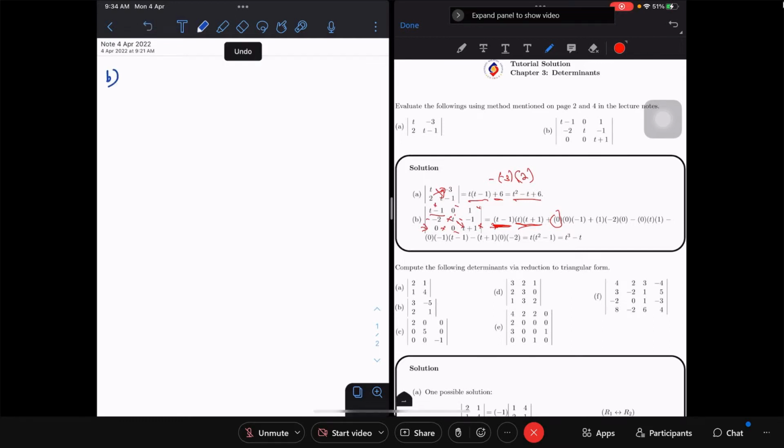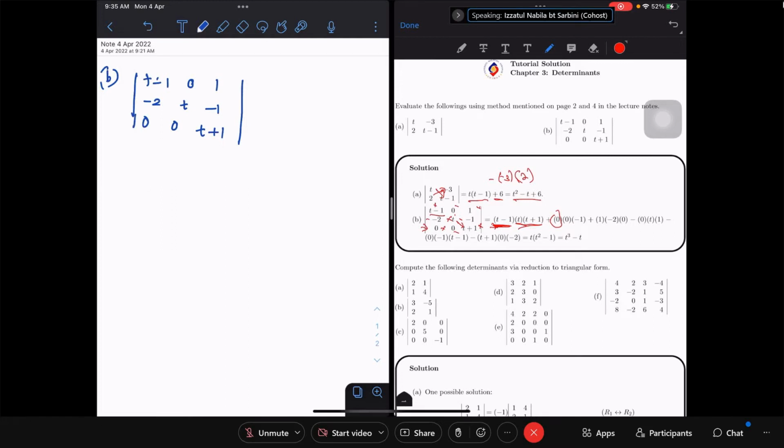Following this one, we have t, t minus 1, 0, 1, negative 2, negative 1, 0, 0, t plus 1. Let us choose the last row.